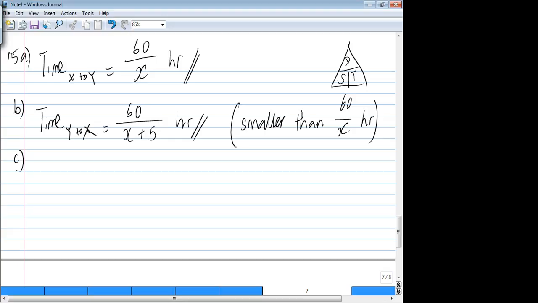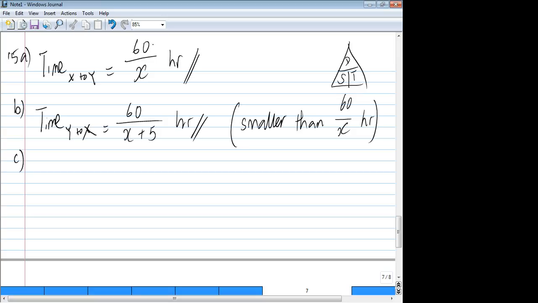She took 30 minutes less on the return journey. Yeah, that makes sense. It is in line with what we just said on the return journey. Then the outward journey, form an equation in x. So we know that 60 over x plus 5 is smaller than 60 over x. But how much smaller is it? By 30 minutes. So something minus something equals 30 minutes.